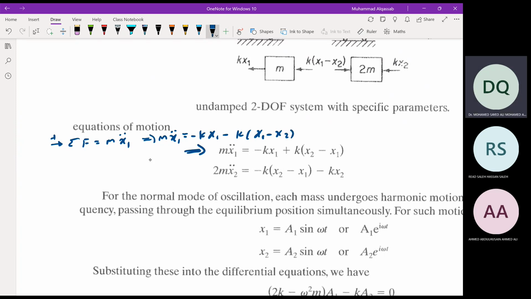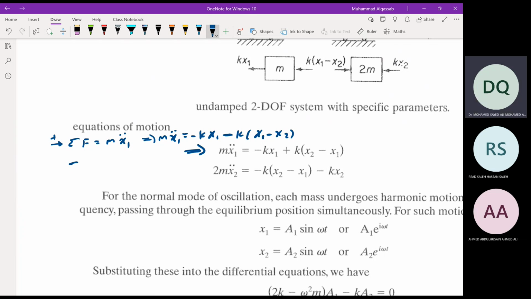I don't know why he used the plus, because if you take the minus inside the parentheses, this becomes minus k x1 plus k x2 minus x1, right? They're the same. There is no change here.